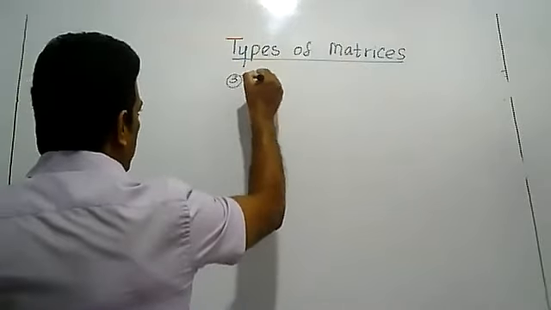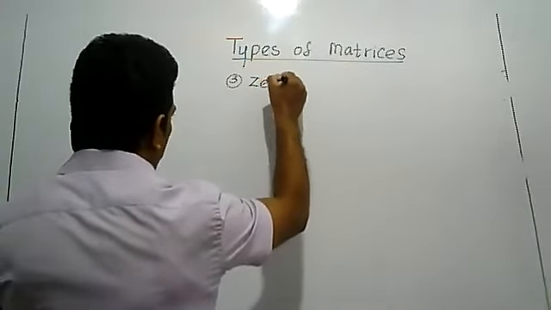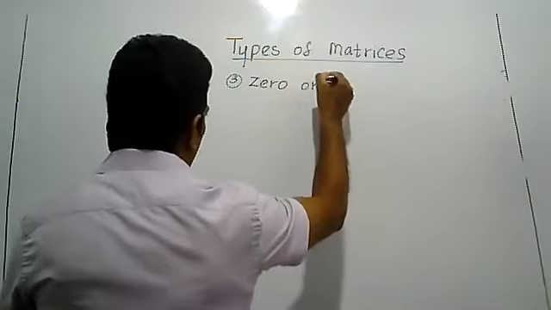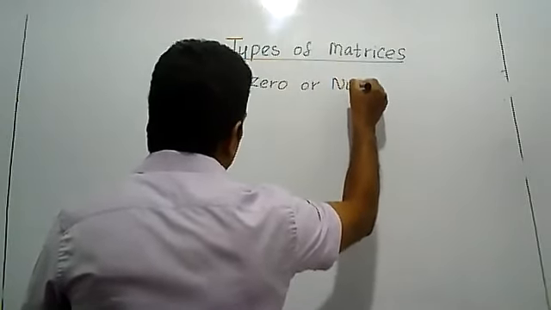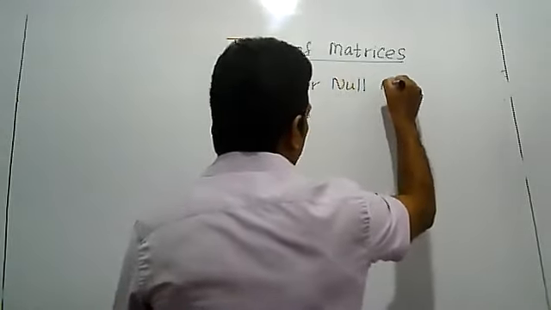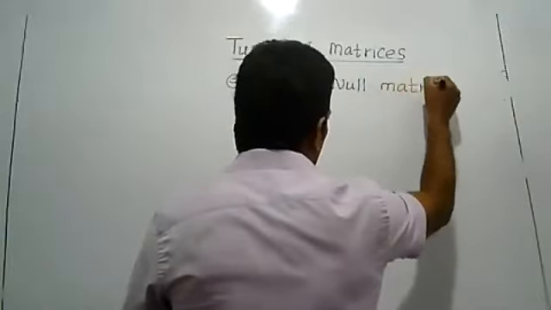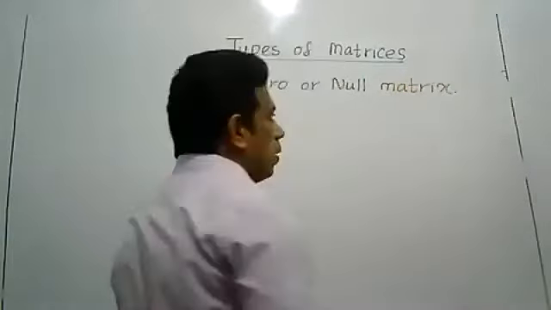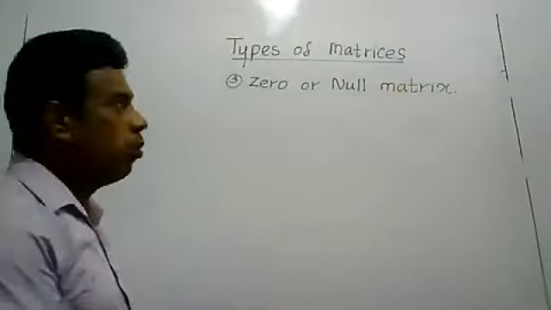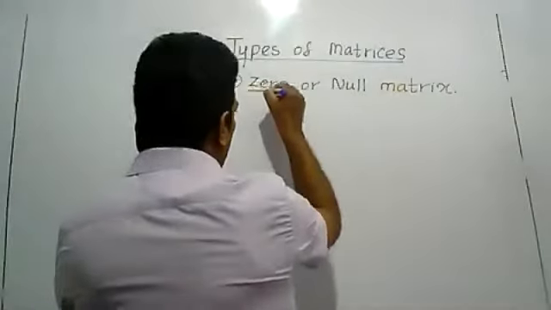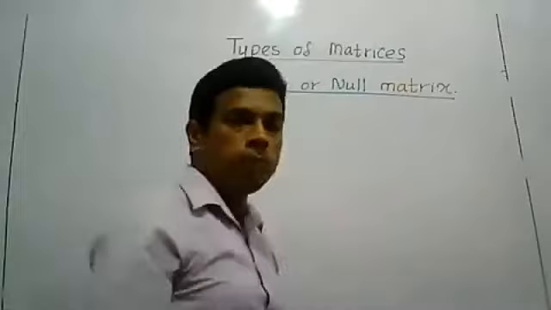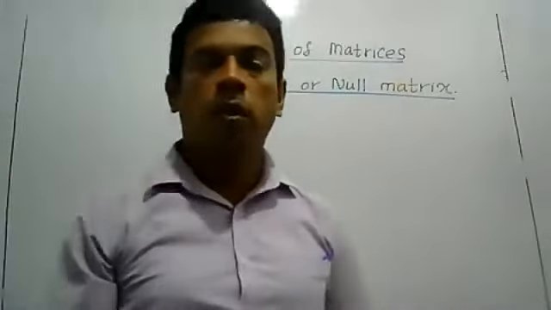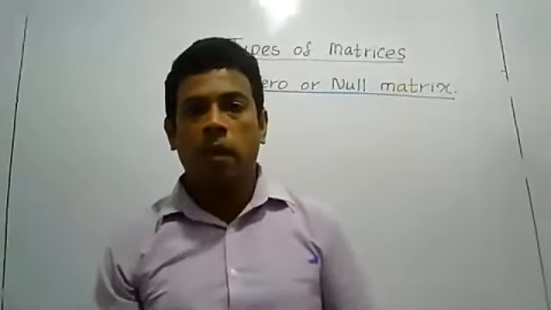Third type of matrices: zero matrix, zero or null matrix. The third type is called zero matrix or null matrix.